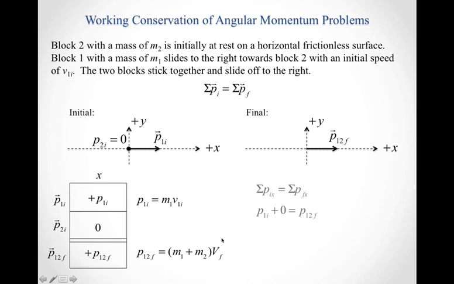And so I can set up my x component equation. P1 initial plus 0 equals P12 final. Plug in my substitutions for magnitudes, and again I've got a single equation. One equation means one unknown in terms of going through and solving for whatever I'm asked to solve for. So this was our process for solving a one-dimensional conservation of linear momentum problem.